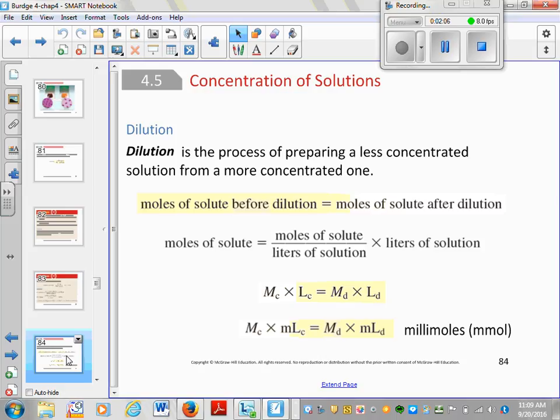And you can use liters. If we use milliliters, we come up with a term called millimoles, which is molarity times milliliters. So if you're using this dilution formula, as long as your concentrations are in the same units and as long as your volumes are in the same units, it works fine. So you have to make sure they're in the same units.